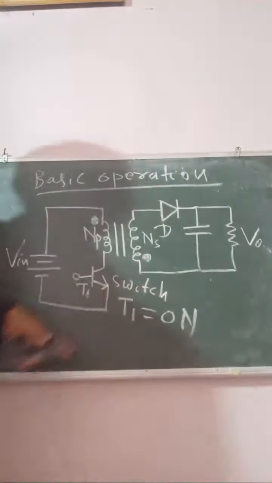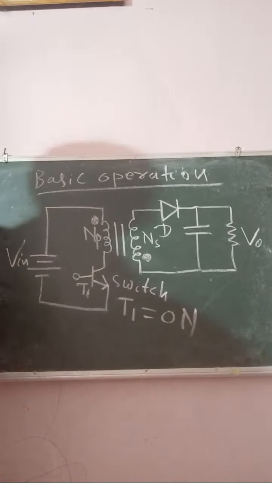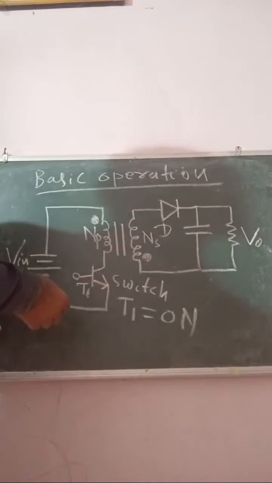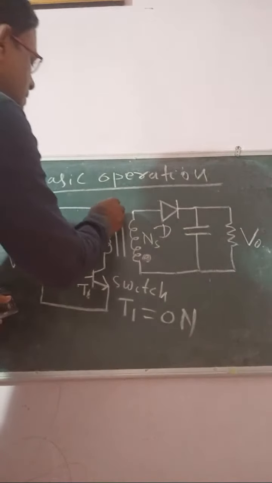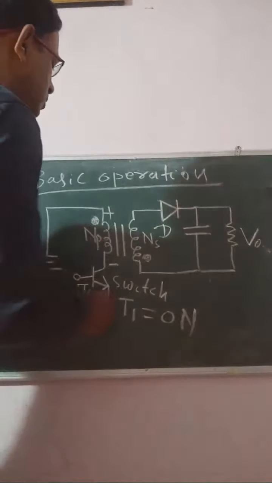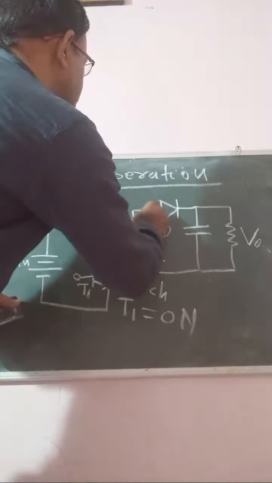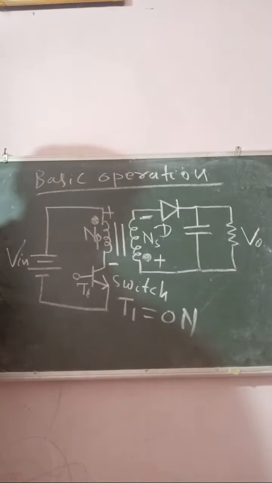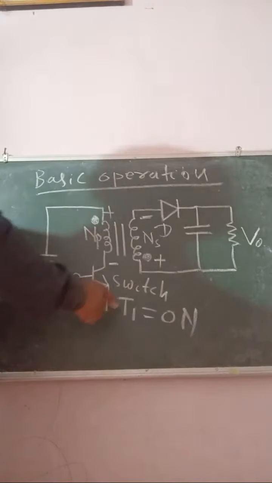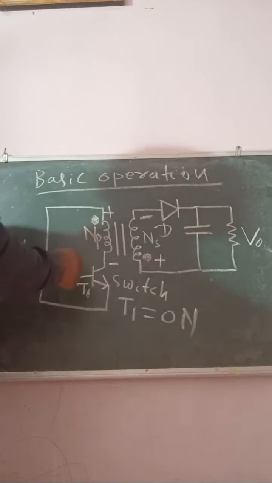When the switch is in the on condition, this side will be plus and this side will be minus, and this side will be plus and this side will be minus. Clear? When T1 is on, what happens?